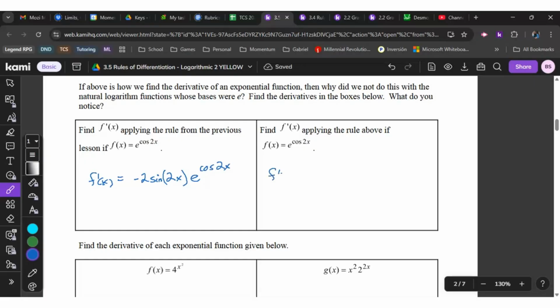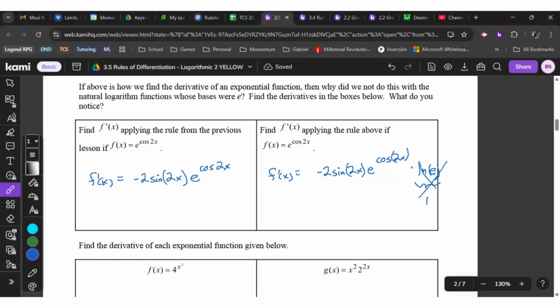Now, if we do it our new way, it's going to be the same. Negative 2 sine of 2x times e to the cosine of 2x times the natural logarithm of the base, which is e. And what is ln base e? We just said. 1. Therefore, it just kind of goes away. It's just 1. So we never have to put it.